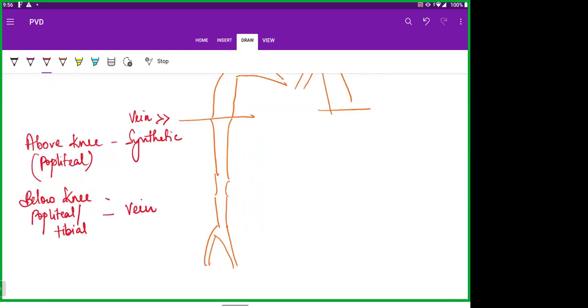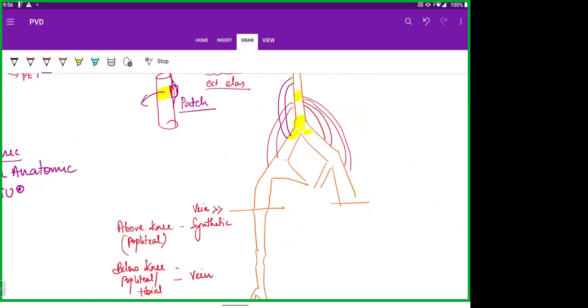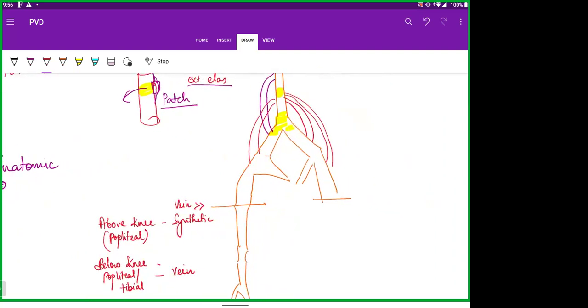So continuing with the graft, we talked about the reversed vein graft and also the one where we don't reverse it. That is also called an in situ bypass, where we don't harvest the saphenous vein outside. We just connect the proximal end to the proximal part of the artery and the distal end to the distal part of the artery.